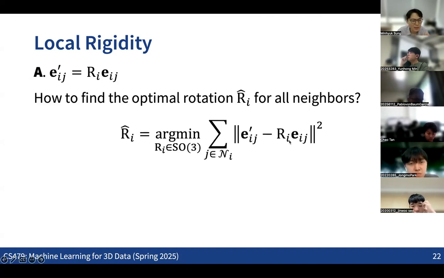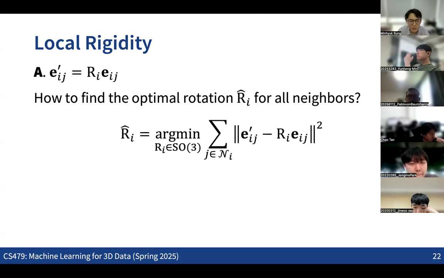When you apply the rotation to the edge vector before deformation, it should be aligned with the edge vector in the deformed mesh. So if we find the rotation that minimizes this, that will be the optimal rotation that expresses the local rigidity, right? It is clear.